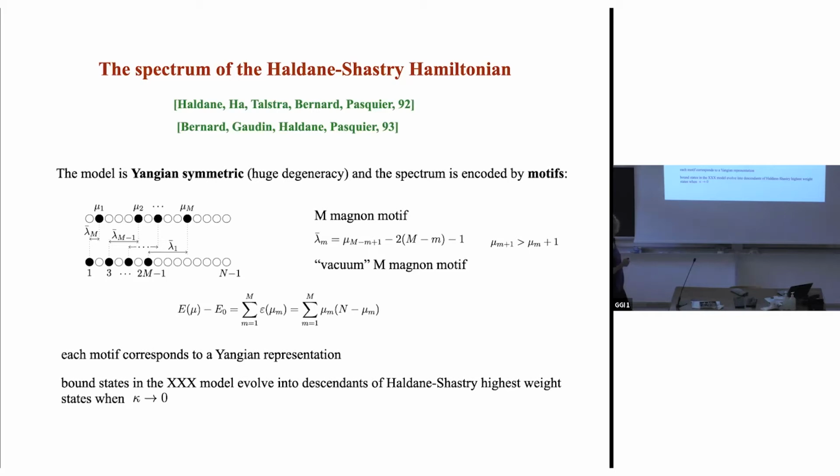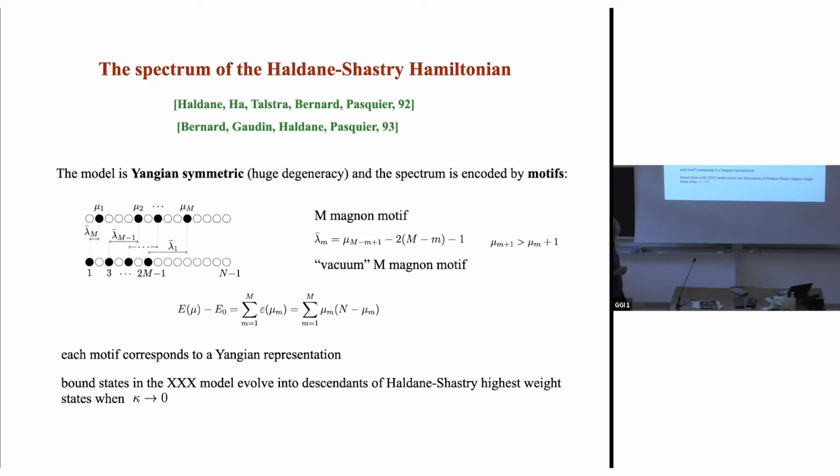And in fact, these quasi-particles are like the magnons in the Heisenberg model, except that they have a much simpler type of interaction, and this is helped by the long-range potential.